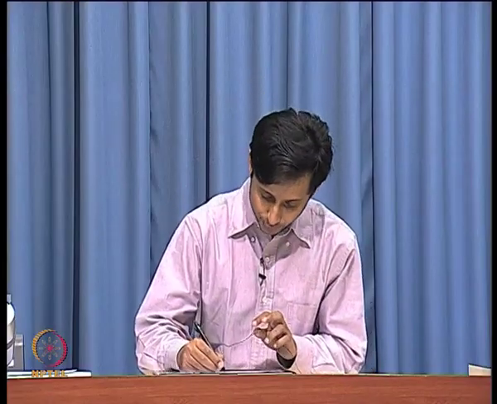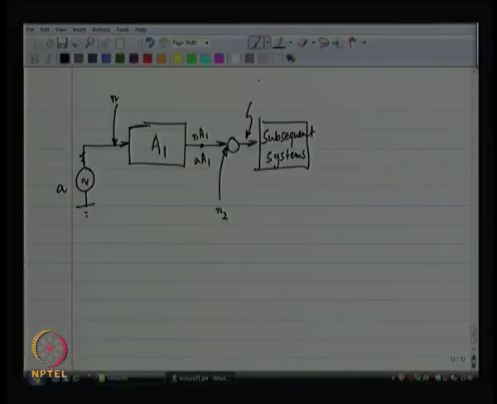So, the signal to noise ratio over here is A times A1 divided by n times A1 plus N2, okay. N2 is a small quantity. Over here the signal to noise ratio is A by n. So, you can show that if A1 is large, if the gain of the first stage is large, then this is going to be approximately equal to A by n, right.